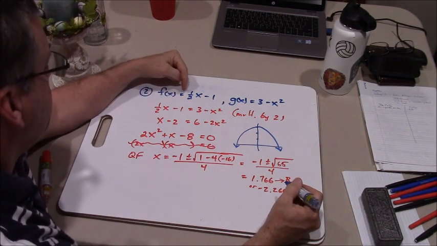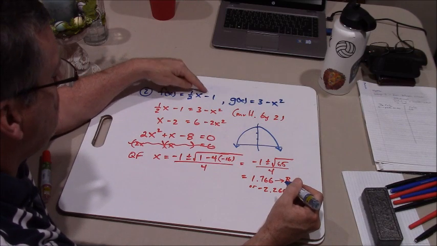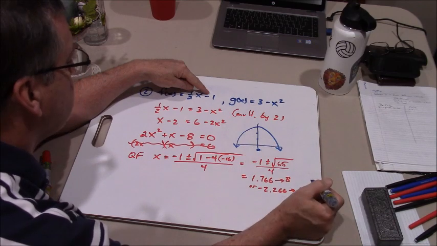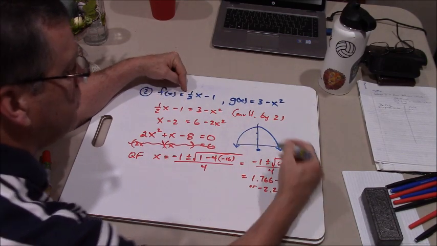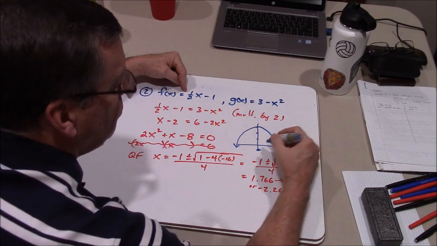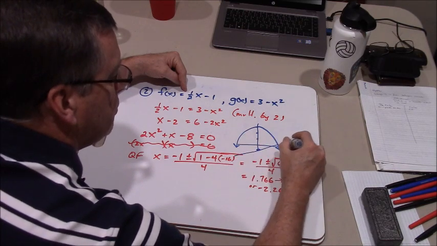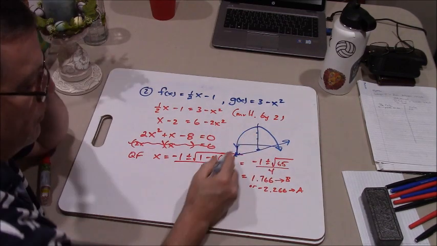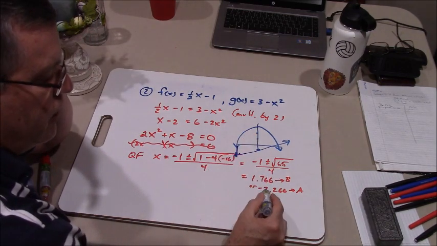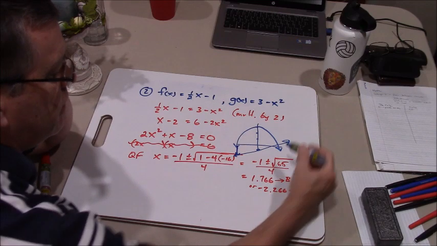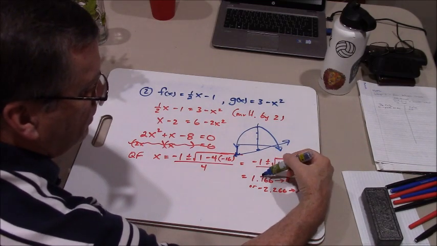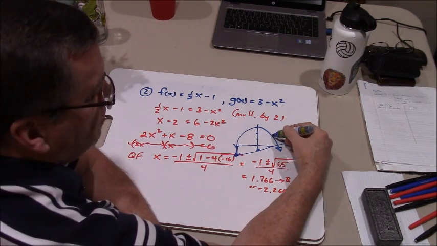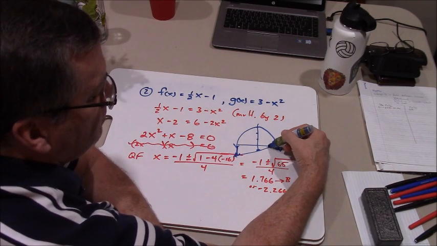This function, if I think y equals mx plus b, I've got a y-intercept of negative 1 and a slope of 1/2. So I'll go up 1 and over 2. All I know is that the line is going to go something like this. So these intersect right here at negative 2.266, and they intersect over here at 1.766. From the graph, I just really need to know which one's the top curve and which is the bottom curve.